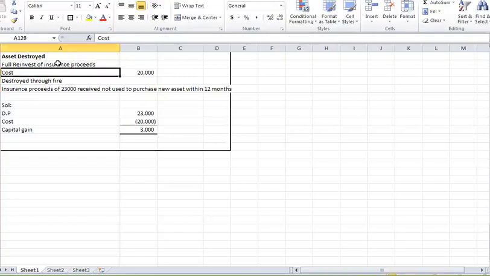So we have purchased an asset for 20,000 pounds. The asset was destroyed in fire, 100% of the asset destroyed.